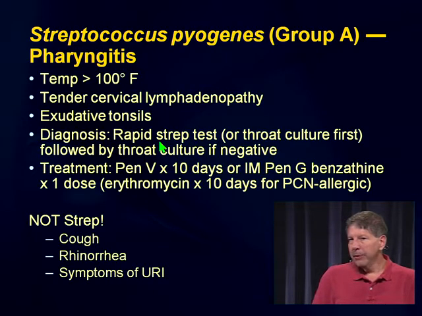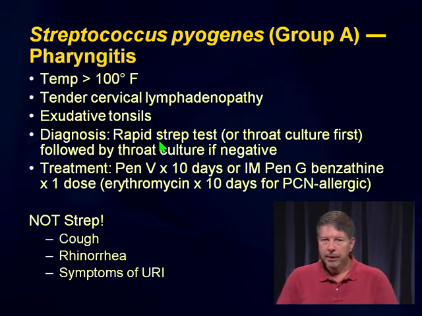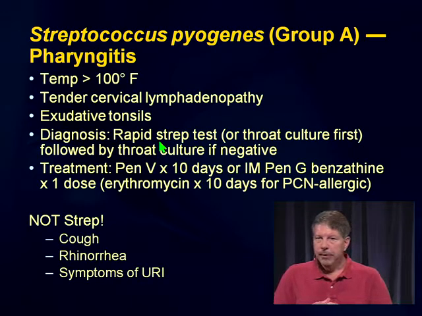Okay, so recommendations are still for kids. We do a rapid strep followed by a throat culture if it's negative. Or they do say in little quotes you can just do a throat culture first. So the test will either give you a rapid strep or a throat culture, or they'll say a rapid strep followed by a throat culture if negative.